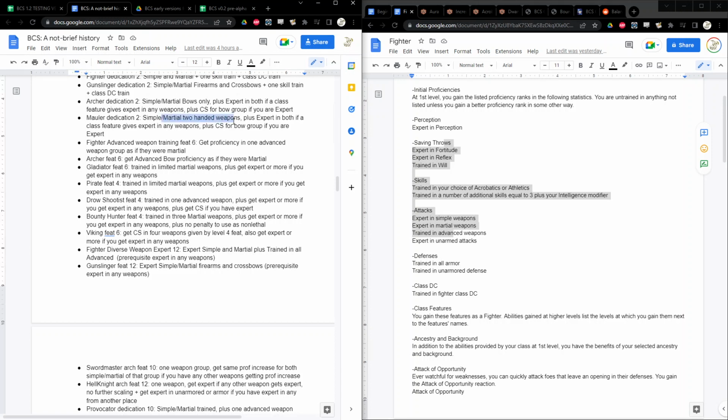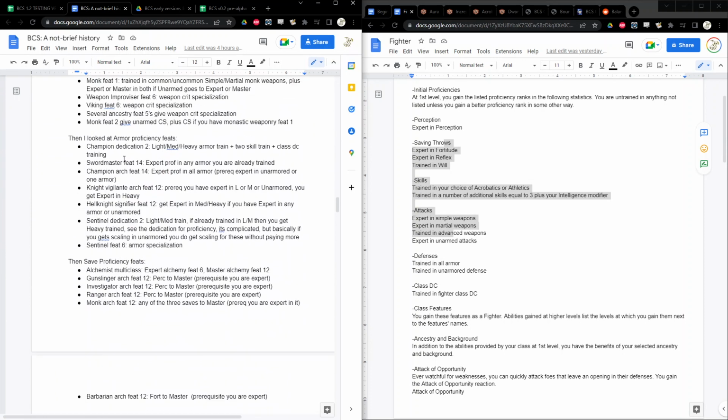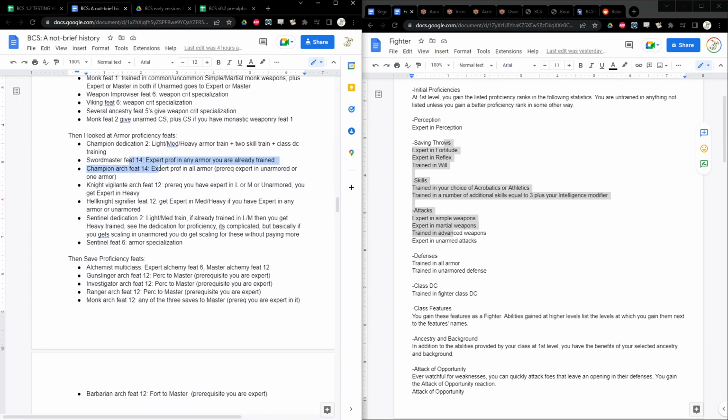Some dedications give you simple and martial, and even scaling expert weapons. And then some have much higher numbers, weapon expert at 12. So it's kind of all over the place there. Same thing with armor. We get level 14, level 14, level 12, level 12.